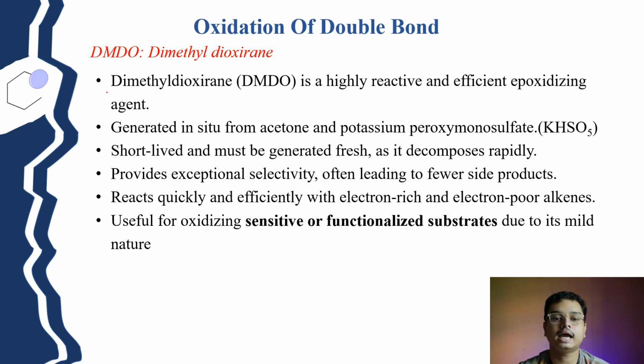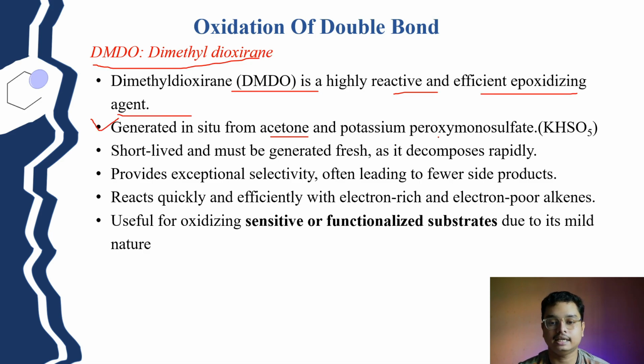Next we talk about another interesting electrophilic epoxide-generating reagent. This is DMDO, called dimethyldioxirane, and dimethyldioxirane is a highly reactive and efficient epoxidizing agent, and it is generated in situ from acetone and potassium peroxymonosulfate.